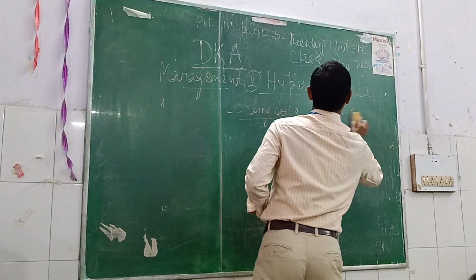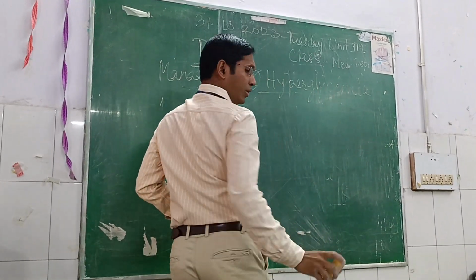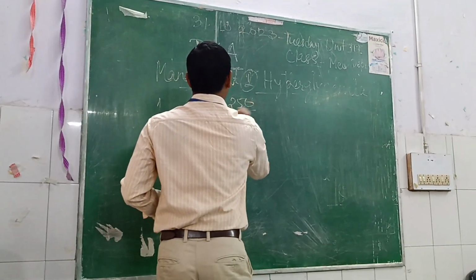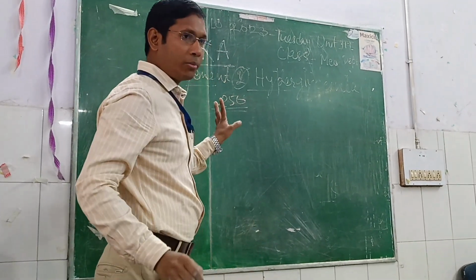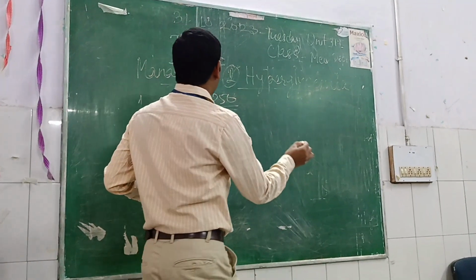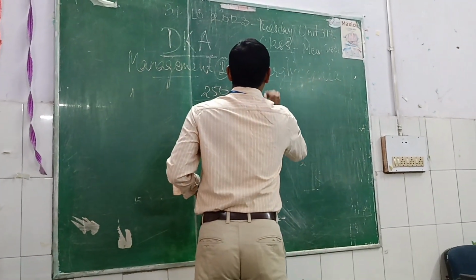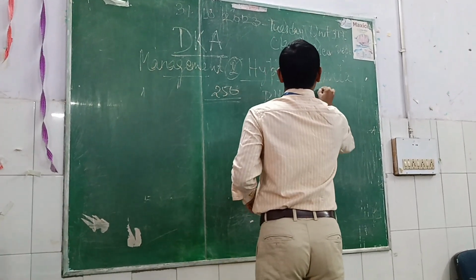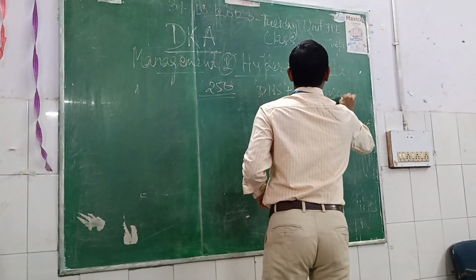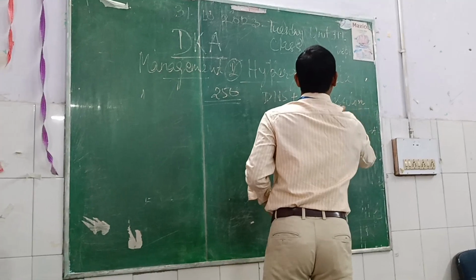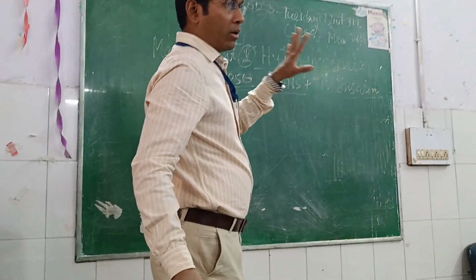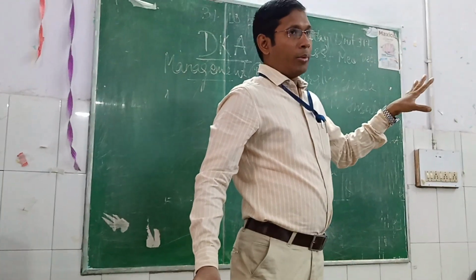When you have achieved this major target, you will give DNS along with the IV insulin, at the same rate, 6 units per hour.